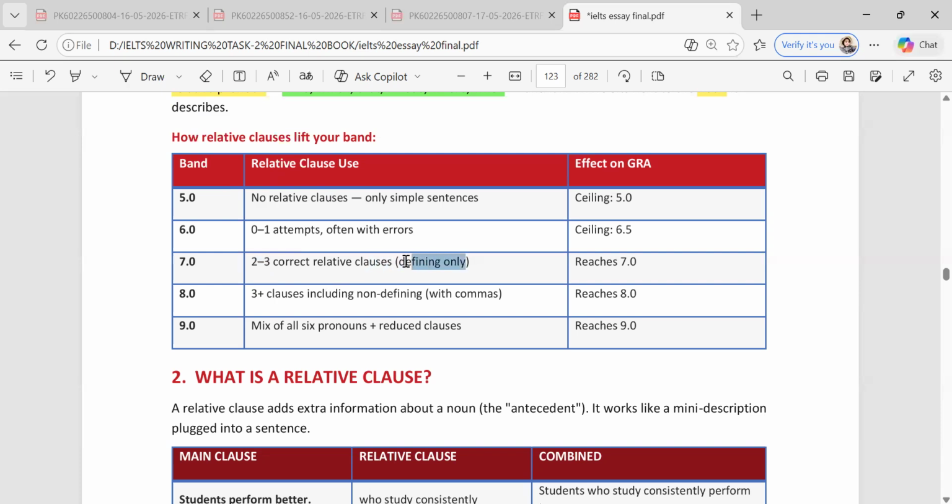There are two kinds of relative clauses, defining and non-defining. Later on, we will study them. And someone who knows how to use 3 plus can get band 8. Or if anyone uses a mix of all 6 pronouns, he can straight away get band 9 in IELTS writing GRA.